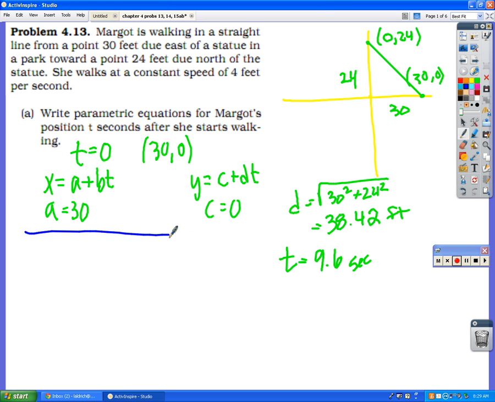So what that has done is given us another data point, which is when t equals 9.6, her position is (0, 24), right? So now we can take this general equation right here and substitute in 0 for x. We now know that a is 30, t is 9.6, and we can solve that for b. And what do you get for b? Negative 3.12.